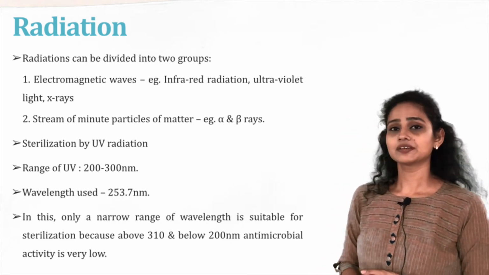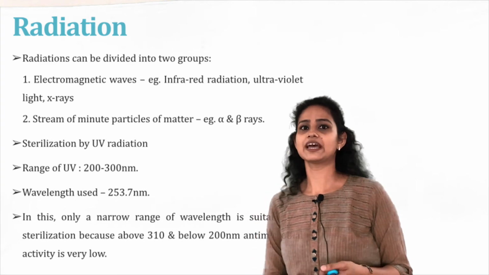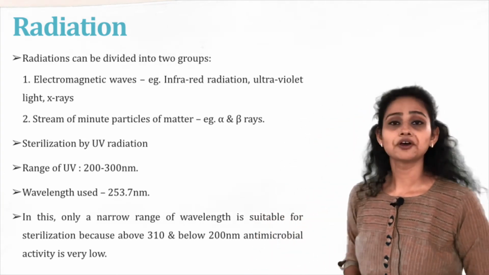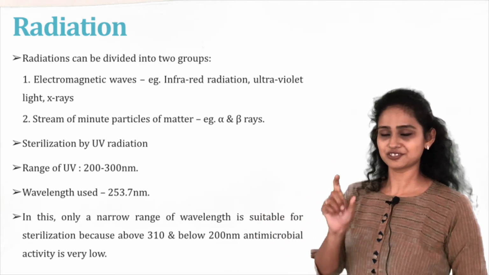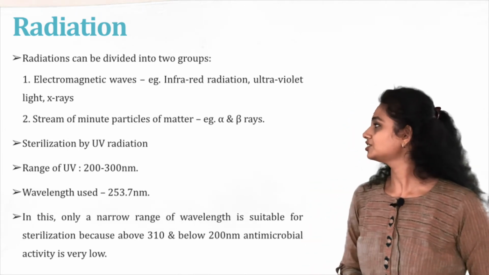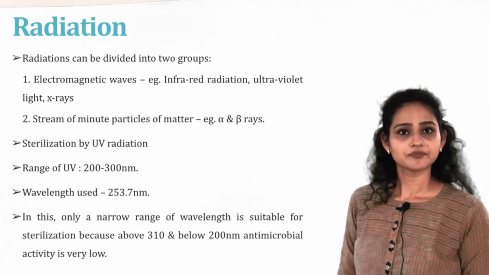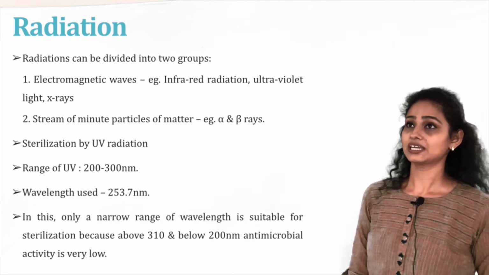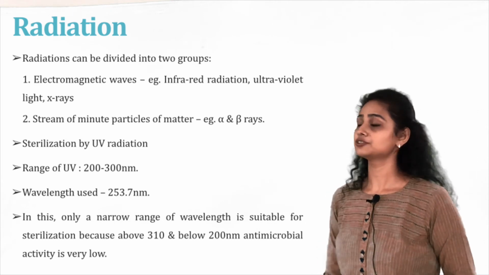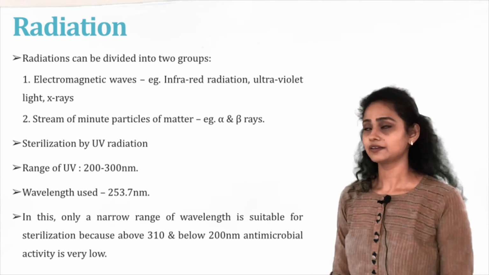From electromagnetic waves, the sterilizing capacity is with UV rays, having the range of 200 to 300 nanometers. This range is useful for sterilization, from which the most efficient wavelength is 253.7 nanometers. So UV can be used as a sterilizing agent with 253.7 nanometers.